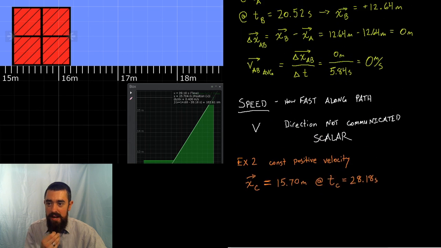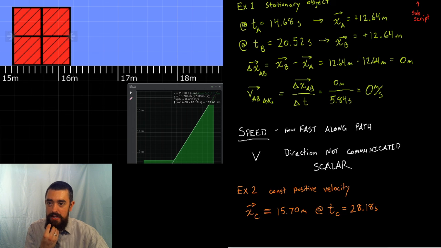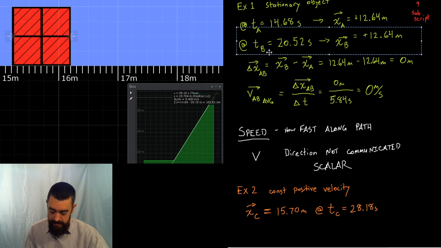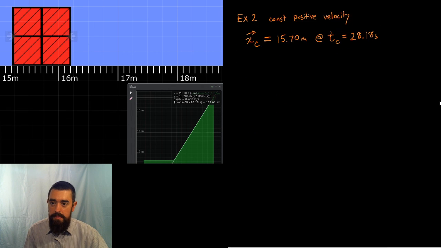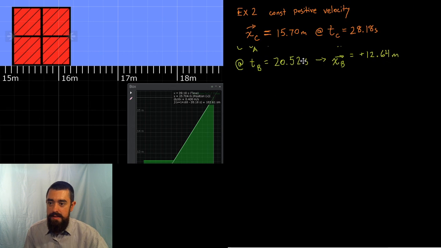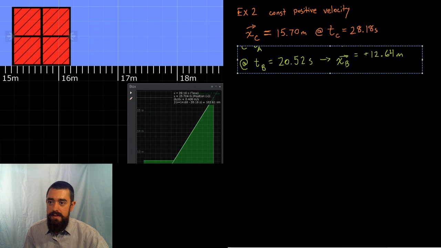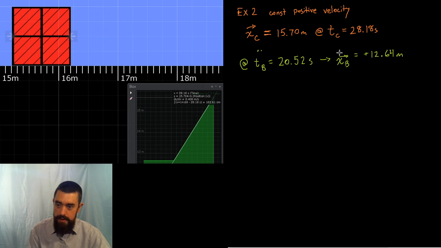Well, let's take our information from before. Yeah, I didn't make it easy on myself. Let's just copy and paste it. All right, and we'll take out all this extra garbage. There we go.